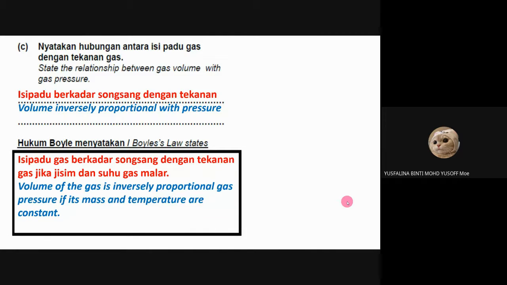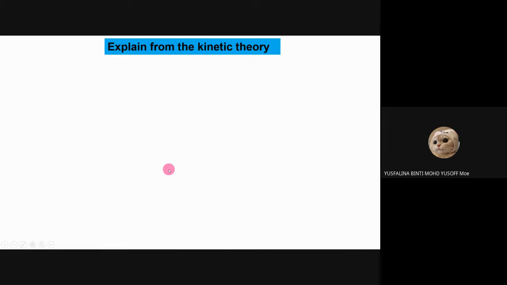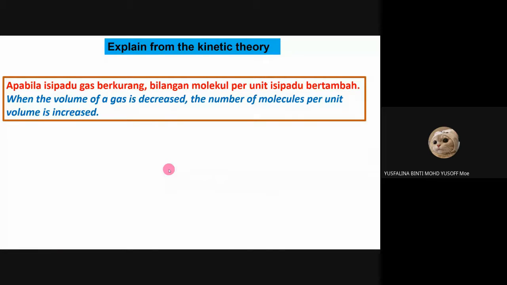It means you didn't add any molecules inside the container. If the number of molecules is constant, that means the mass is constant. So mass and temperature are constant. That is Boyle's law. Explain it from the kinetic theory, which we already discussed.